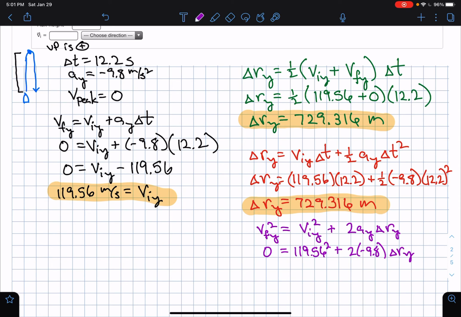I'm going to bring it to the other side, so it becomes 19.6 delta ry equals 119.56 squared.